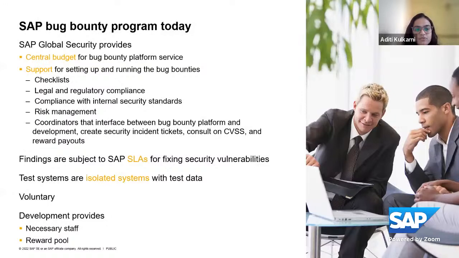As mentioned before, this is voluntary. The applications that would like to opt in need to make sure they are compliant with all these points. And in terms of development teams, since there is compliance and SLAs and everything in place, there would be necessary staff and points of contact from the development teams who would be dedicated to working on these findings, and they would also be involved in providing a reward tool.